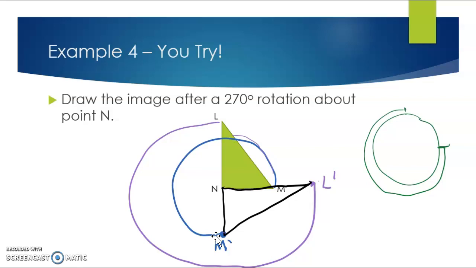But they will look similar to this problem. I will keep it to the 3 main degrees, 90, 180, 270, and I won't get really weird and say like, rotate this 82 degrees. I'll give you nice, easy angles to work with. Let me know if you have any questions.